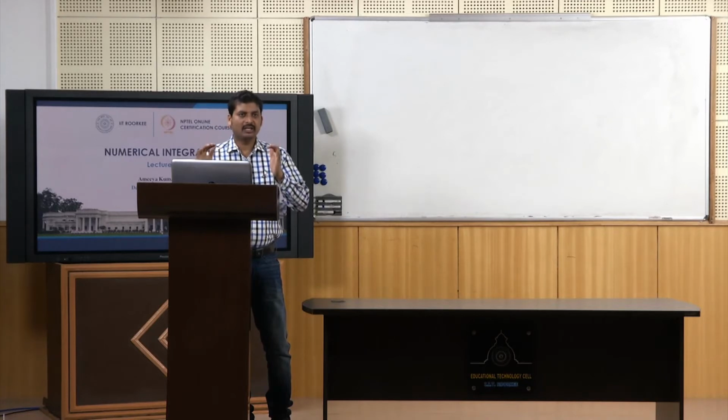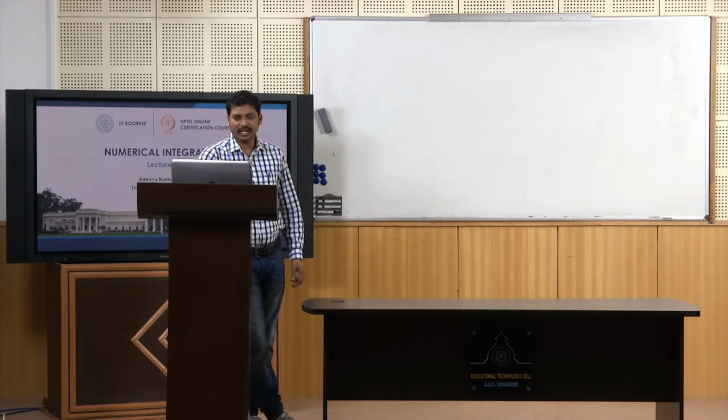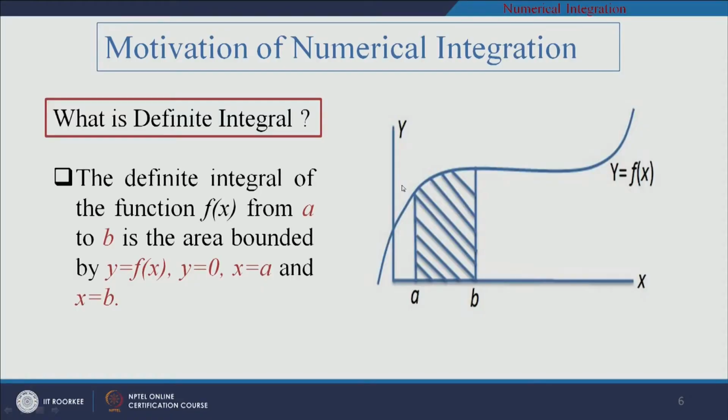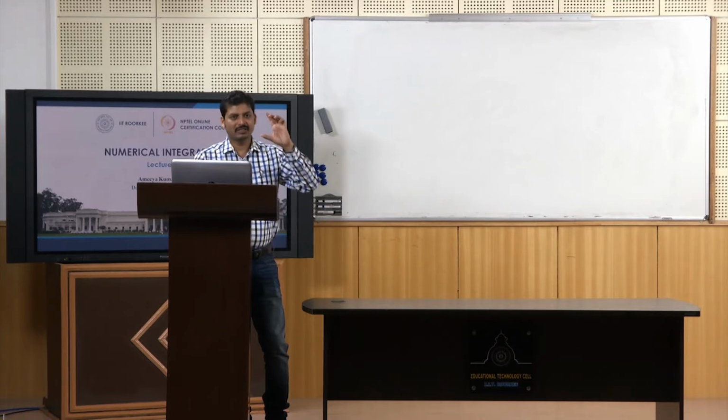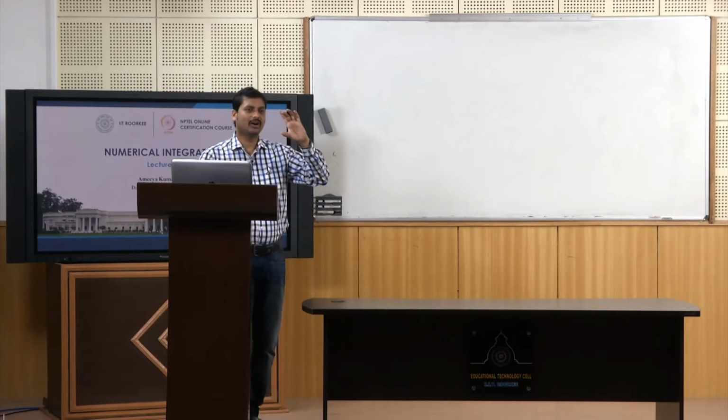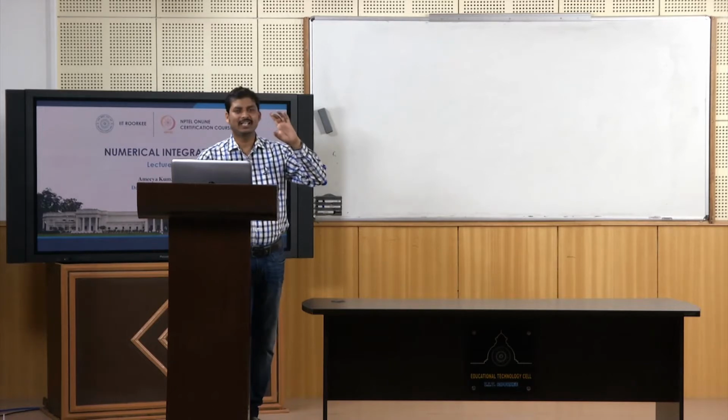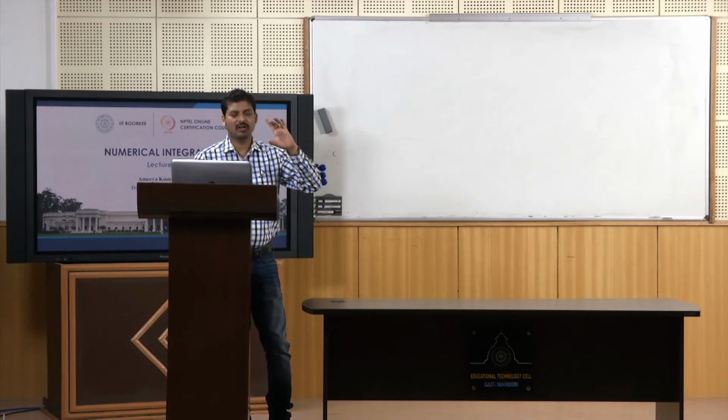Within those points, we try to estimate how the y curve varies, with the axis bounding a region with this curve. This means that if y equals f of x is a defined function, the area enclosed with the x axis between two fixed points can be evaluated by using integration.